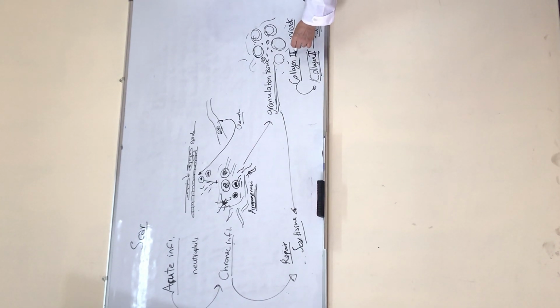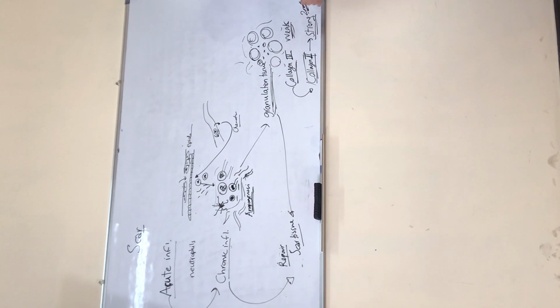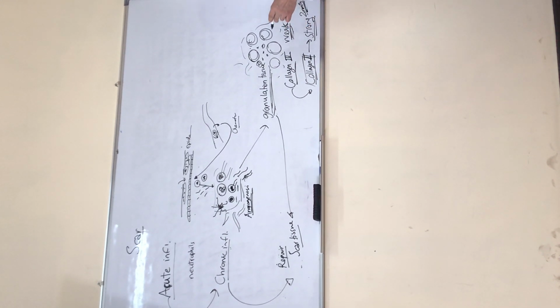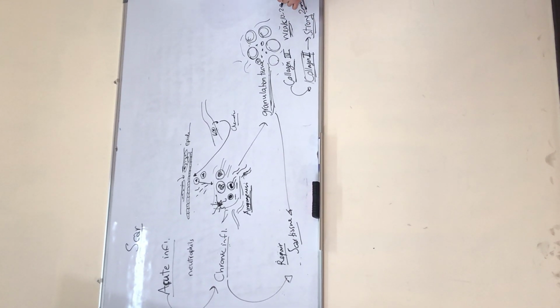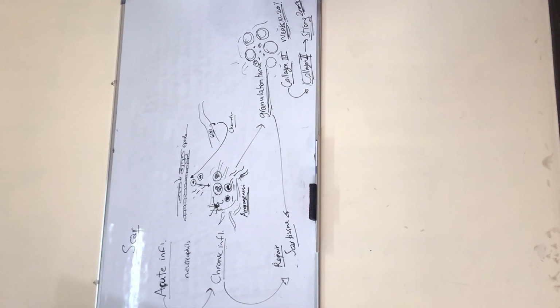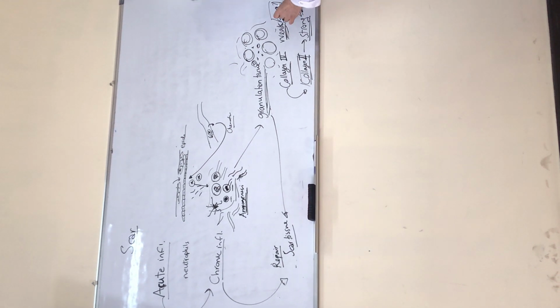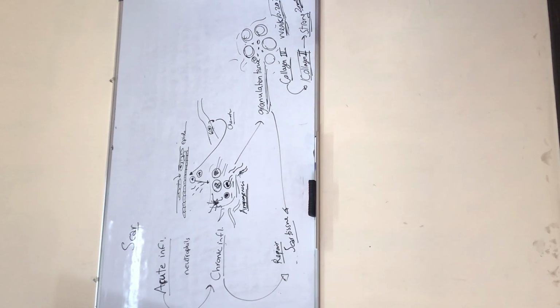First, collagen type 3, that is weak. And maybe it has only 10 to 20% of the strength of a normal tissue.